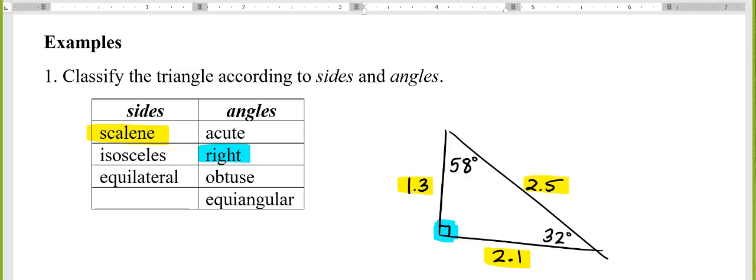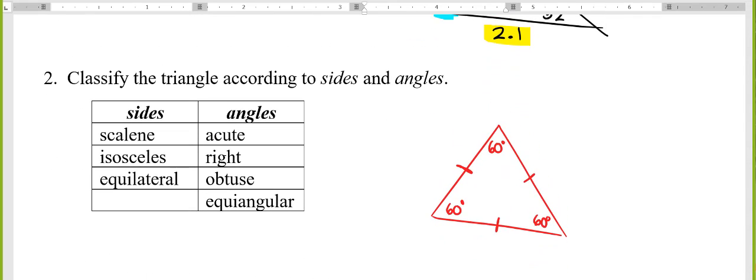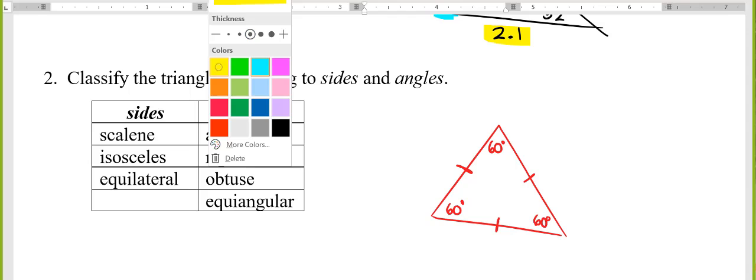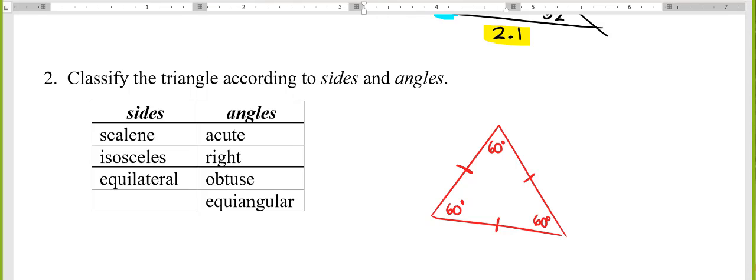Number 2. Let's look first at the sides. What do you notice about these sides? They all have a tick mark. So what are they trying to tell you about those sides? They're all the same. So this is called an equilateral triangle. Now let's look at the angles. 60 degrees, 60 degrees, 60 degrees.